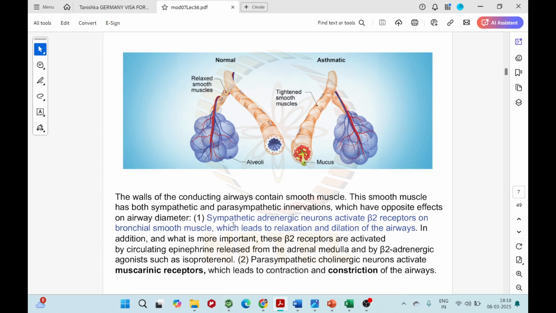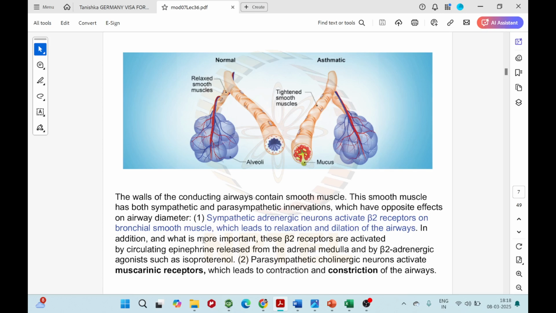Okay, so when the sympathetic adrenergic neurons activate the beta 2 receptor on the bronchial smooth muscles, it leads to the relaxation and dilation of the airways.